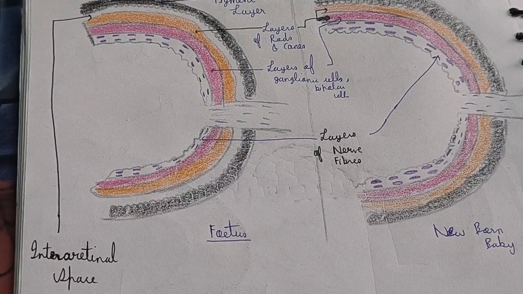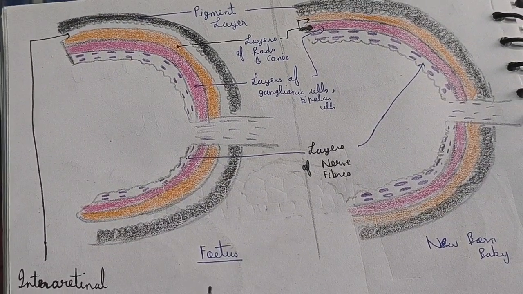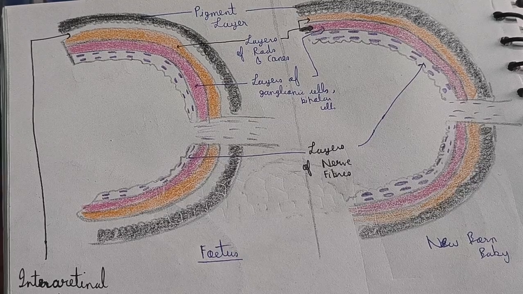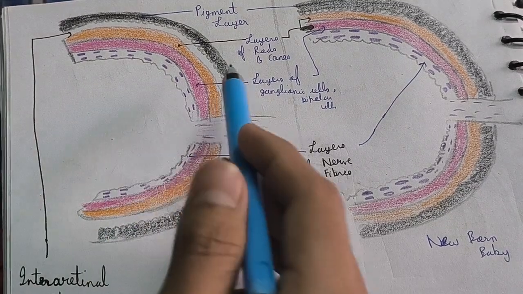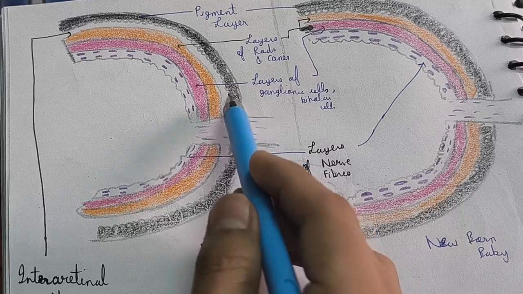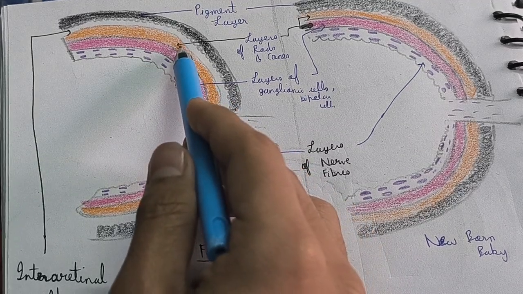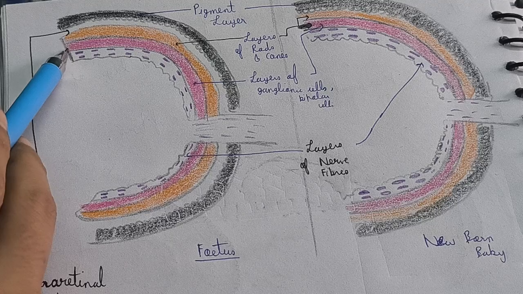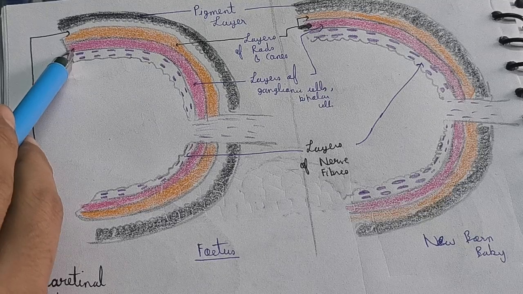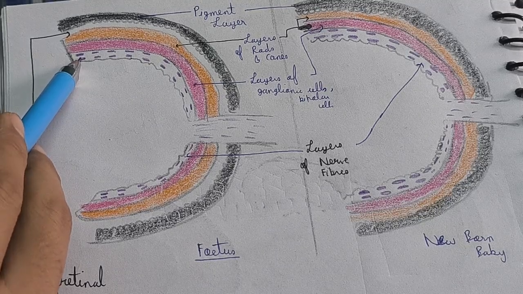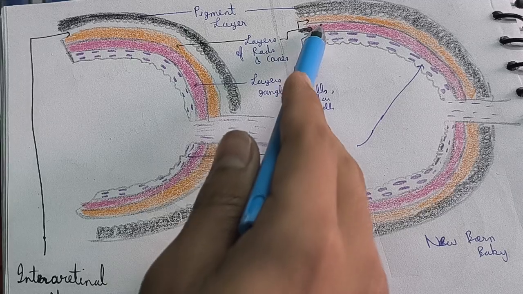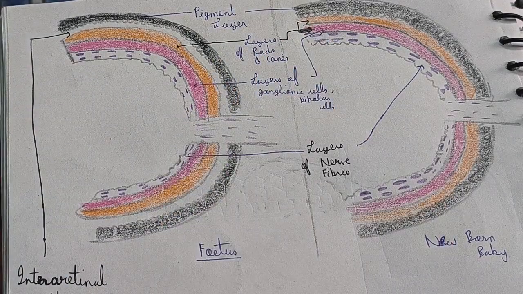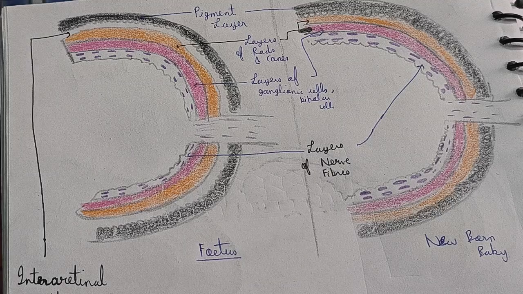So here is the formation of the retina, in the fetus, and here it is in the newborn baby. You can notice that in the fetus there is a pigmented layer and a nervous layer, basically layers of rods and cones, layers of ganglionic cells and bipolar cells, and layers of nerve fibers, and these are also present in the newborn baby.